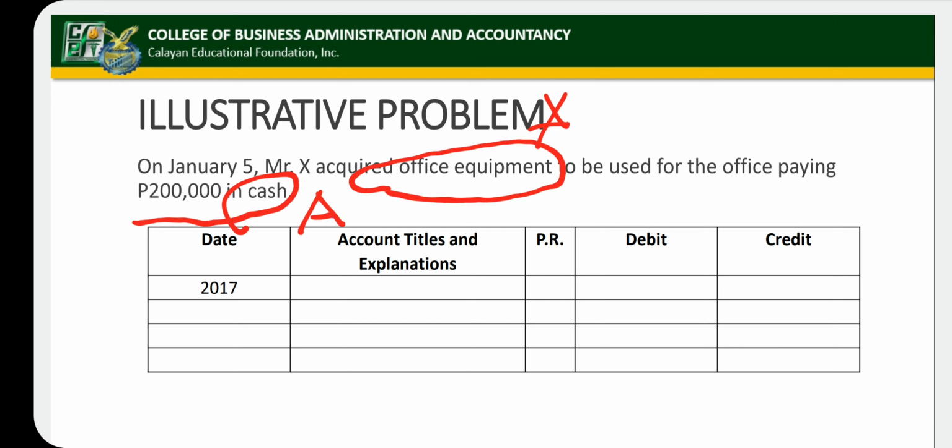So remember that assets have a debit normal balance. Okay? So if one of the company's assets will increase, we're going to debit such asset. But if it will decrease in value, we're going to credit it.